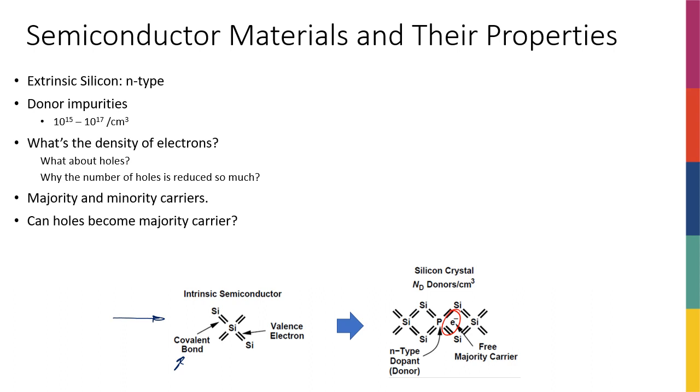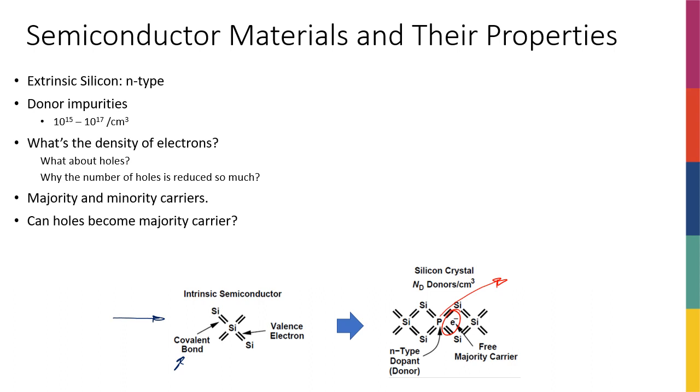We're doping our semiconductor crystal with more and more. The more phosphorus atoms I introduce into my crystal, the more free electrons I'm going to have. So I can adjust the conductivity level of my crystal by adjusting the number of phosphorus atoms that I introduce into this crystal.